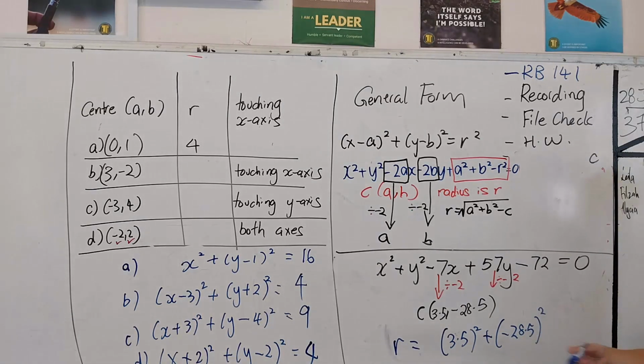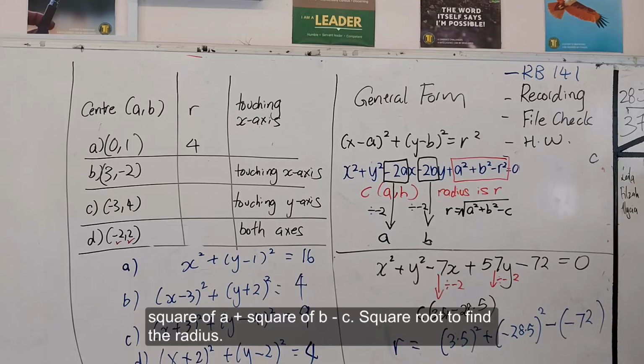If you forget to write negative, never mind, you still get the same answer. And you? Minus negative becomes plus, right? So minus negative 72, yeah, it's plus, correct. Both are correct.